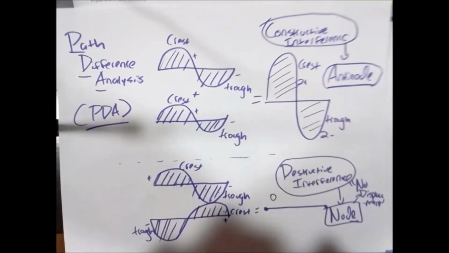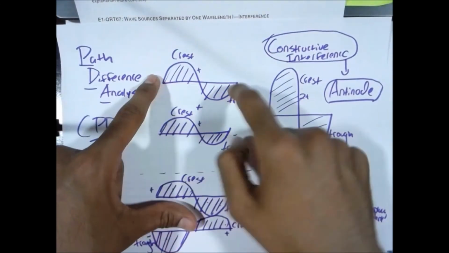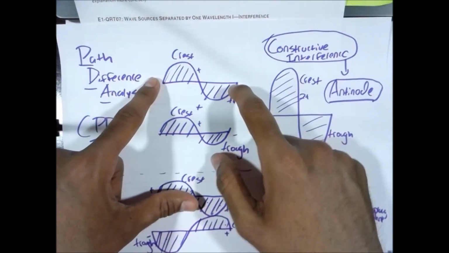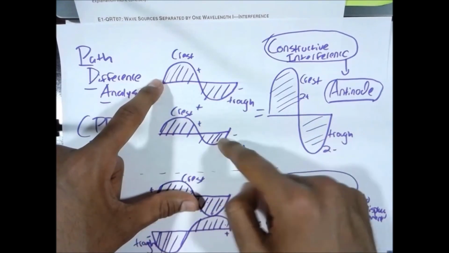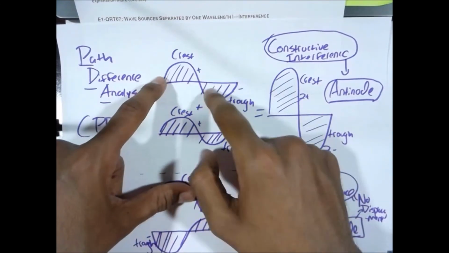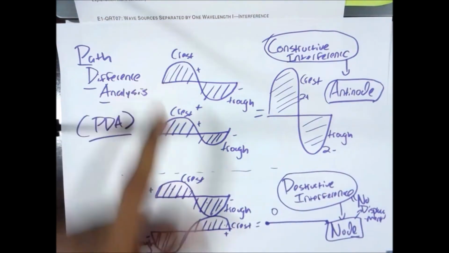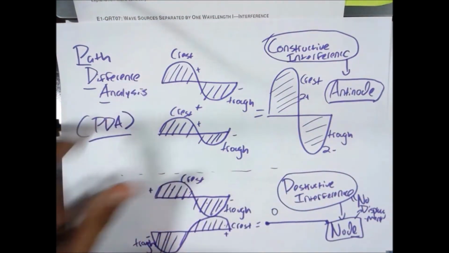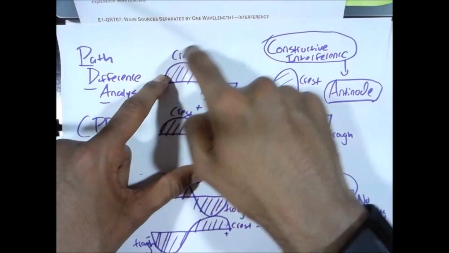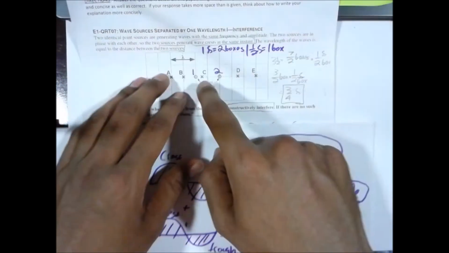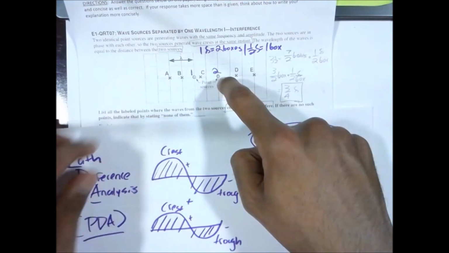So if two waves are arriving exactly one wavelength apart, that means that it doesn't really matter whether this is one wave or two waves or three waves or four waves. The crests from both of the waves are going to be meeting if they're arriving exactly one wavelength apart. Because if they're arriving one wavelength apart, that means a crest from point source 1 will be meeting a crest from point source 2.